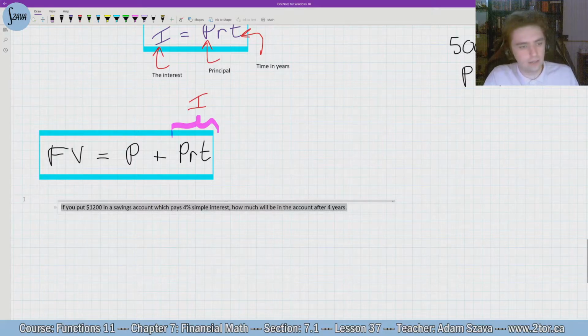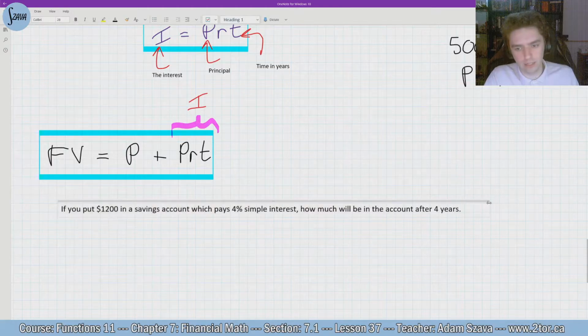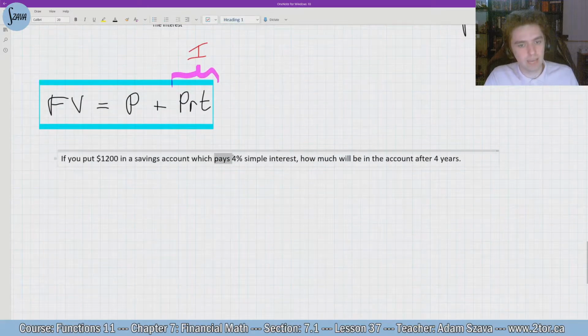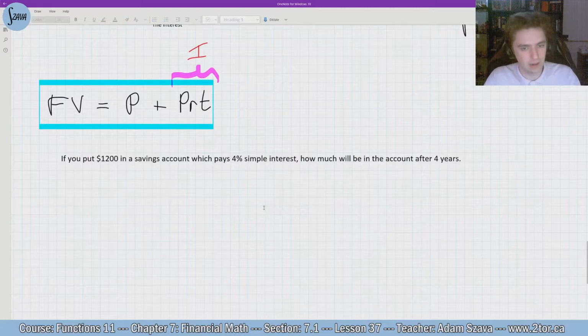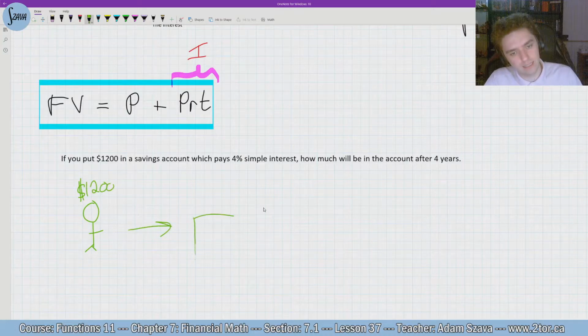So what you've got to understand first is who's the borrower and who's the lender here. It says it pays 4%, but who's paying the interest? What you've done here is you've let the bank borrow $1,200 from you. So you have $1,200, and you are putting that inside the bank account, which now has $1,200.